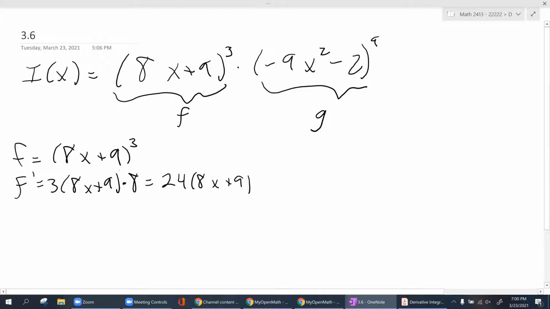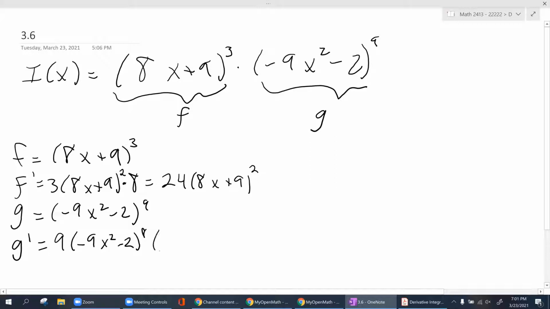Oh, I'm sorry, squared. This should be squared. My g is negative 9x squared minus 2 to the 9th, meaning my g prime is negative 9x squared minus 2 to the 8th times the derivative of the inside, which is negative 18x. Let's clean that up.